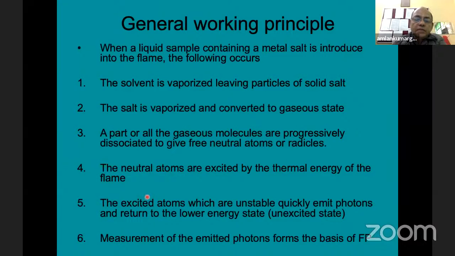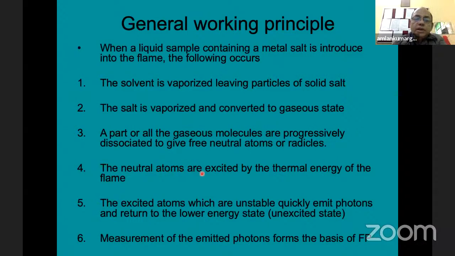I think I have already told you how it is done. The first step is the solvent is vaporized, leaving the solid salts. Then it is converted into the gaseous state. It forms molecules. Molecules form atoms.